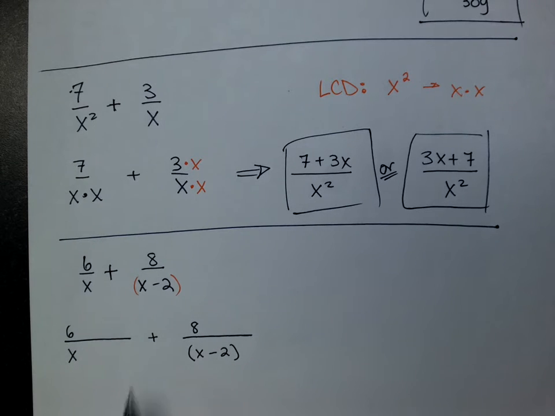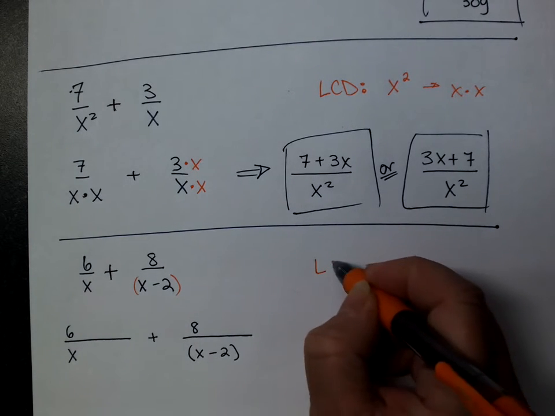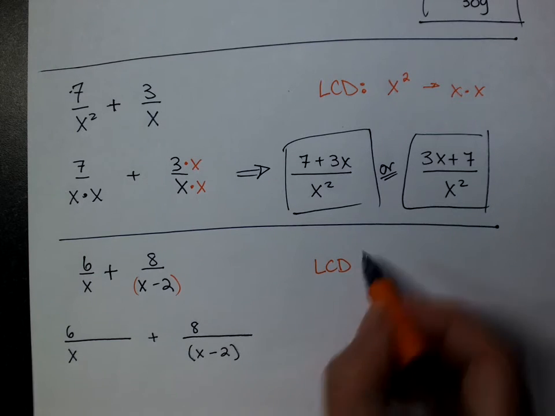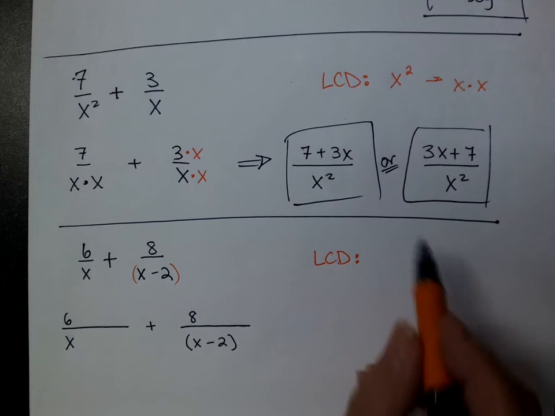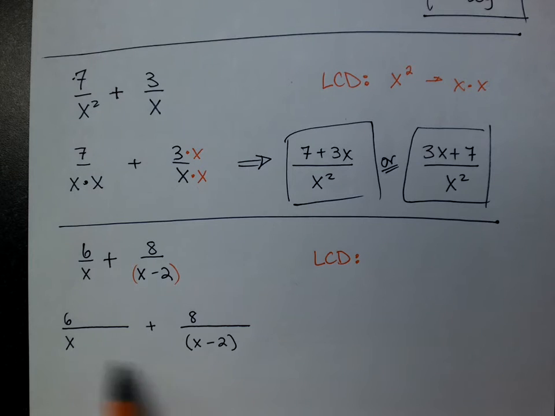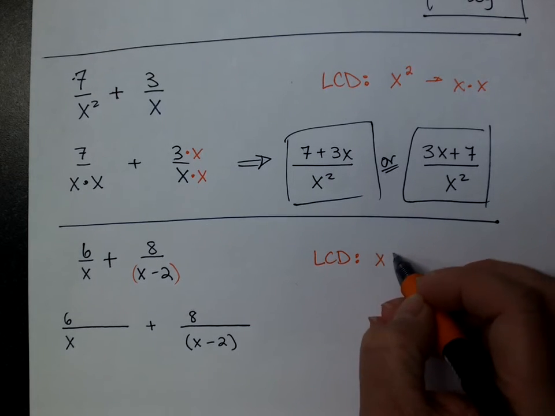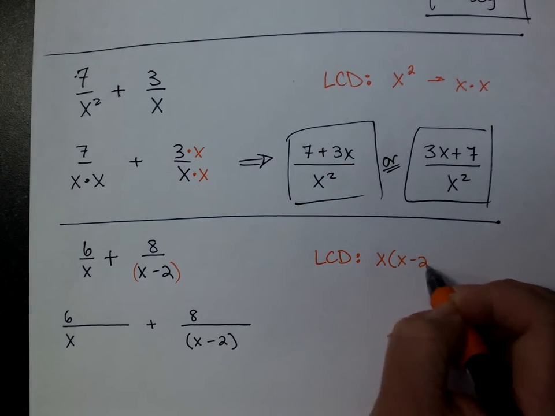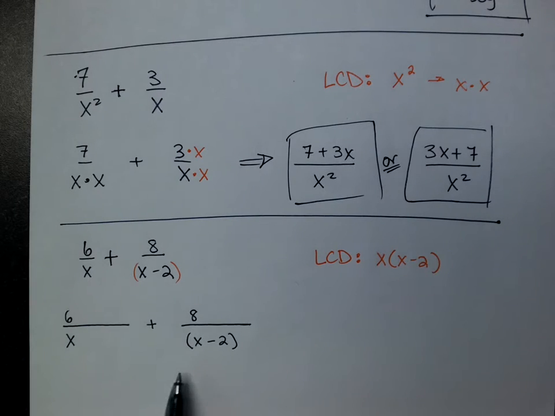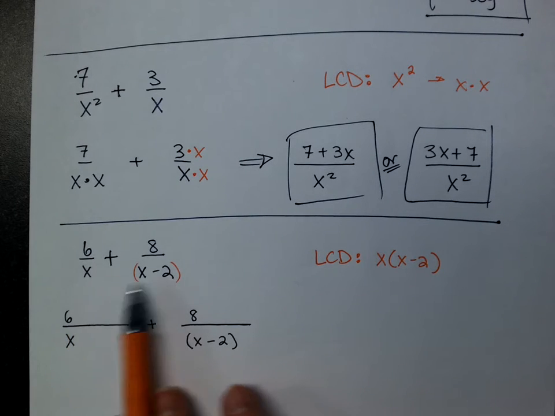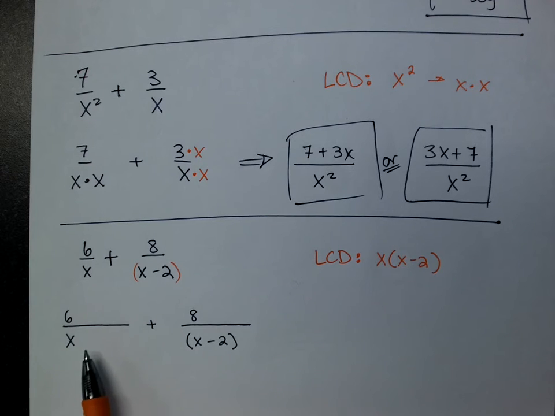Now, because everything is factored and locked up, I can identify what my LCD is. What is a unique factor you see? And another one? Right, x minus 2. That's a factor, and x is a factor. These x's are not the same. Okay? But which one is your least?